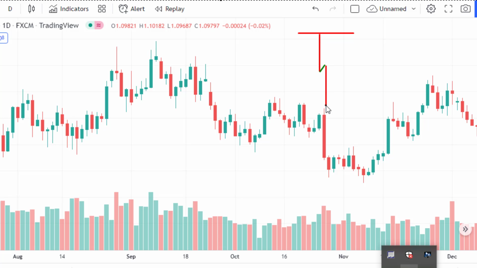So that means when sellers are very strong and buyers are weak, sellers again try to turn the market to the downward direction. After this pullback, the market creates another wave from here to here. This is the first wave, this is the second wave.